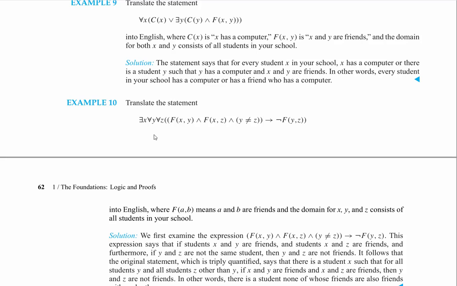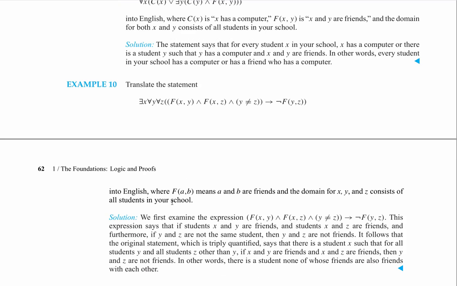Okay, how about this one? Again, F of a comma b means a and b are friends. The same domain.